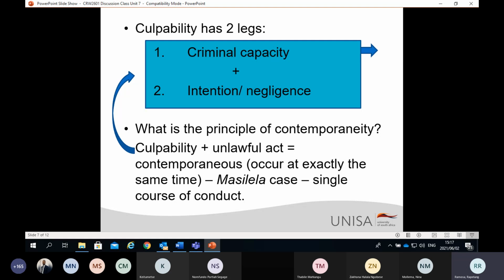The court said we should look at this as one single course of conduct. So that's the interesting case of Masilela, which we present to you as an exception to the general rule that both the culpability and the unlawful act must exist and occur at exactly the same time.